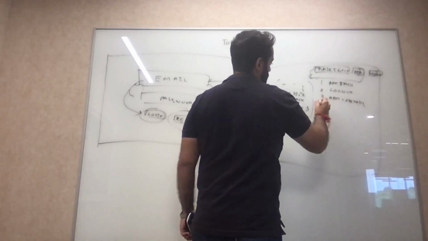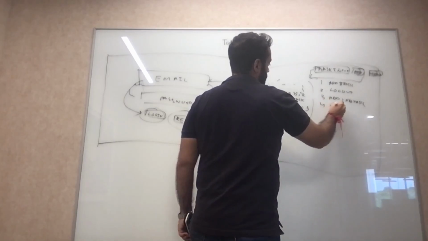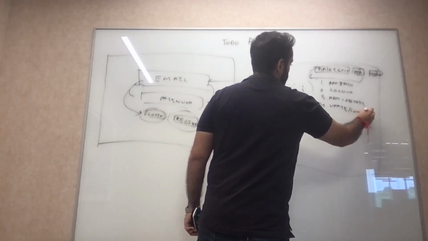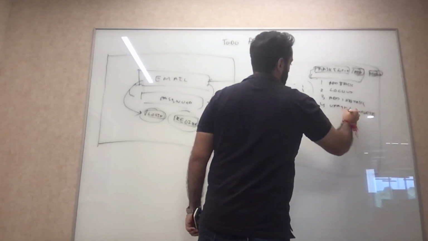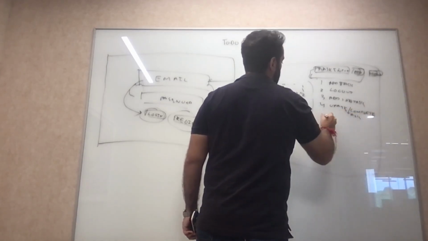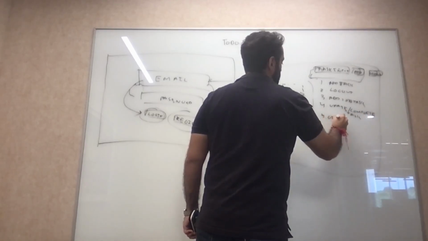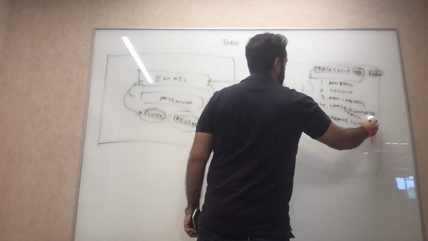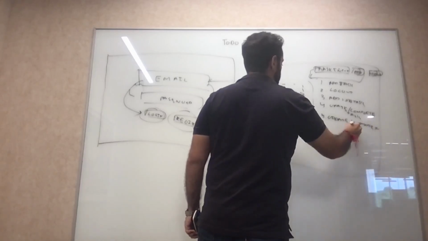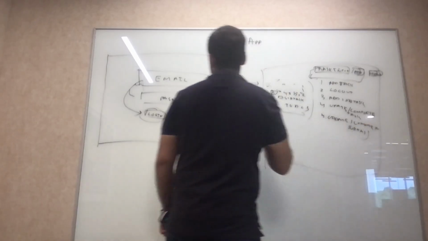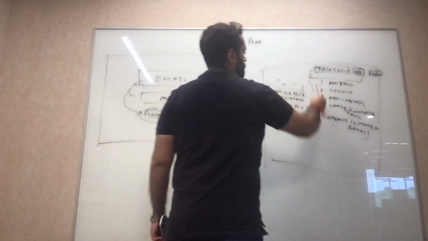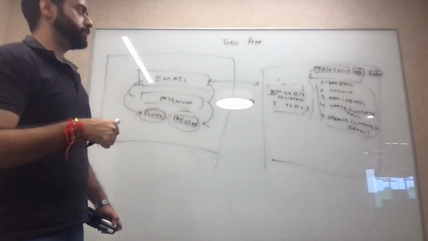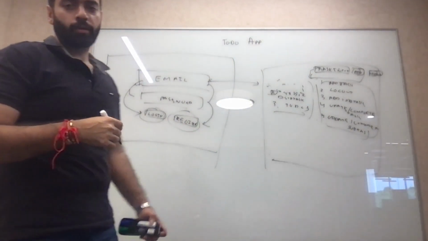Then we need update or complete task, and finally we need update or complete subtask. Okay. So with these 7 requirements met, I think we are good to go with the Todo app.